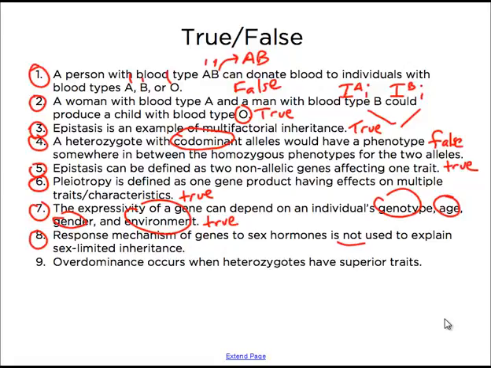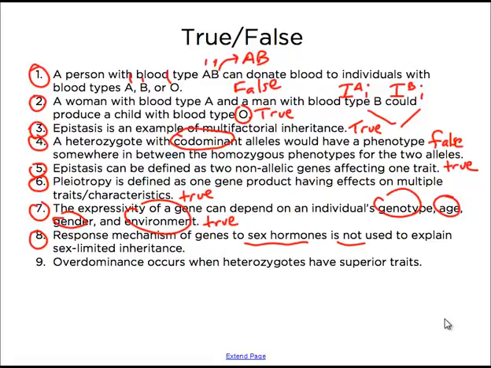Number 8, response mechanism of genes to sex hormones is not used to explain sex-limited inheritance. Now, sex-limited inheritance means certain traits only show up in one sex. So what would be the explanation for that? It's exactly what it says here. Sex hormones and your response to them. If there's testosterone around, the body responds in a certain way. It expresses certain genes that are different than if there's estrogen around.